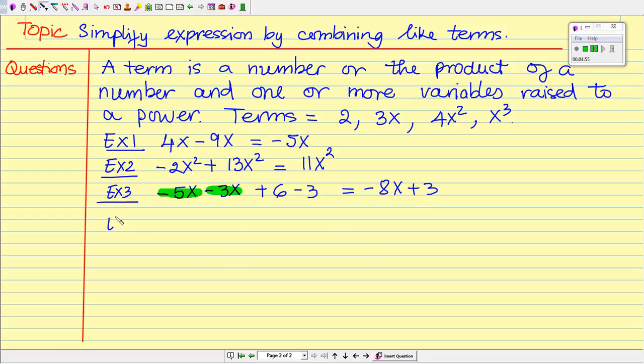Let's move on to example 4. We have 6x minus 10x minus 4y plus 12y.